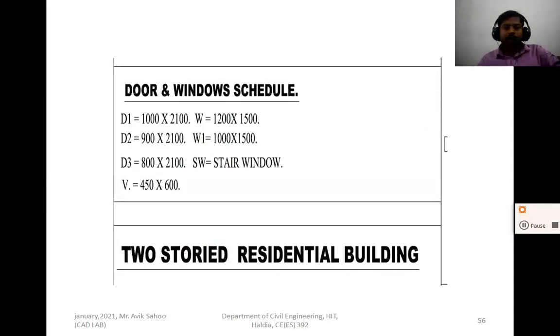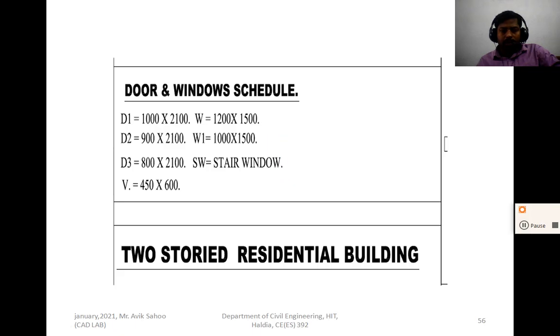Here the door and window schedules are given. So door dimensions and window dimensions are given. Door 1 size given, window dimension given, 1.2 meter is the height, and 1.5 meter is the height. Again 1.5 meter is the height and 1 meter is the width.